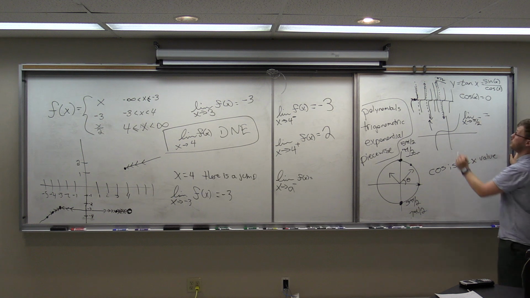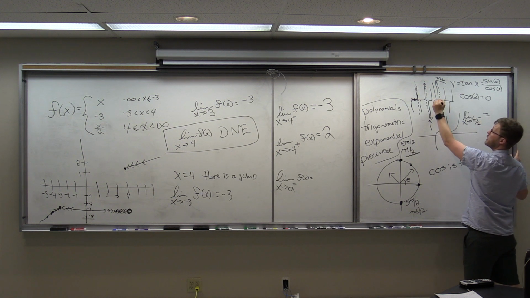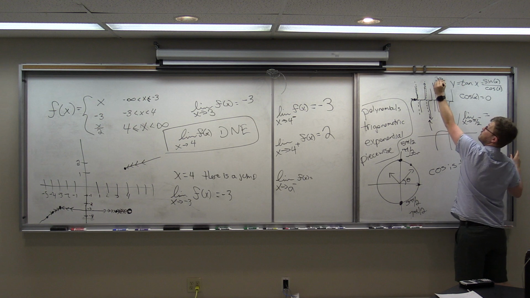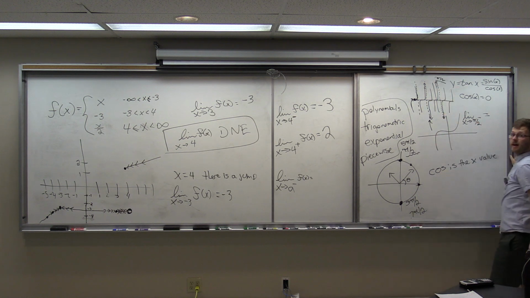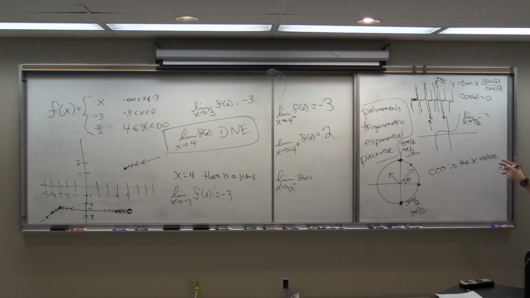Well, I'm going to approach pi over 2 from the negative side. I just keep going higher and higher and higher. There is no point that I'm approaching. I'm approaching infinity. Well, you don't technically say the limit is infinity. You say that the limit does not exist. There may come points where you'll actually want to know, does it approach infinity or does it approach negative infinity? But from a technical standpoint, in both of those instances, the limit does not exist because it does not approach a real number.